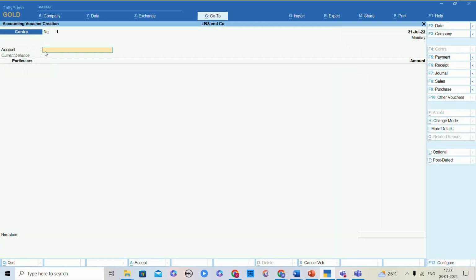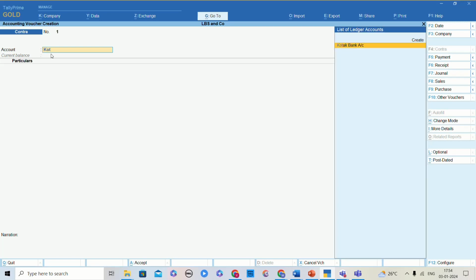Which account needs to be taken in front of the account option? We are depositing cash into bank. Yes, bank balance is increasing, so you should take the bank account here.